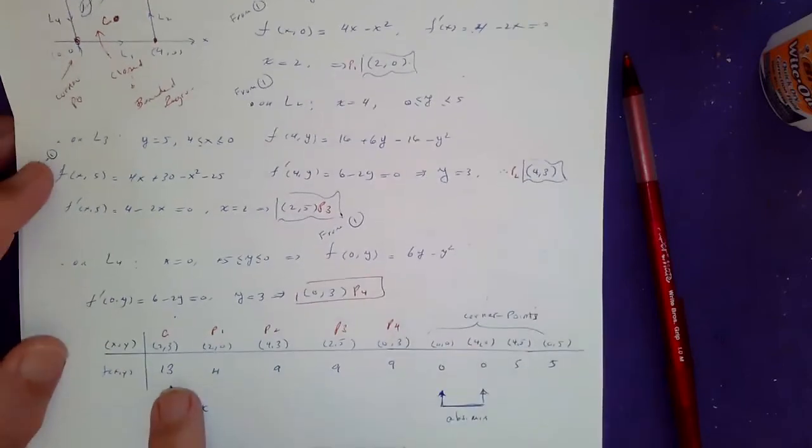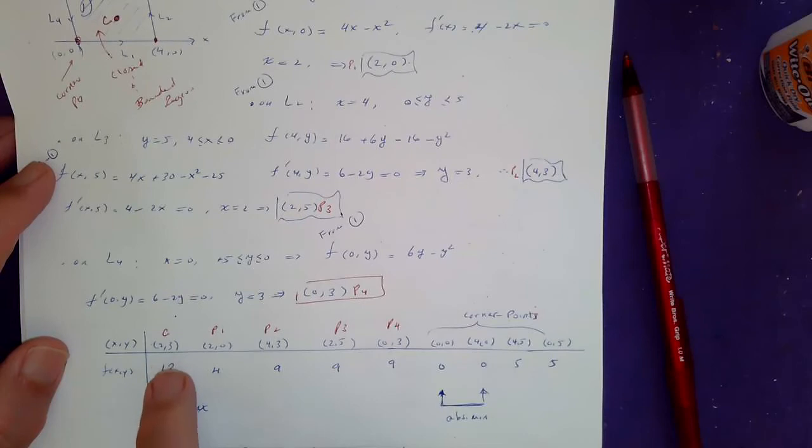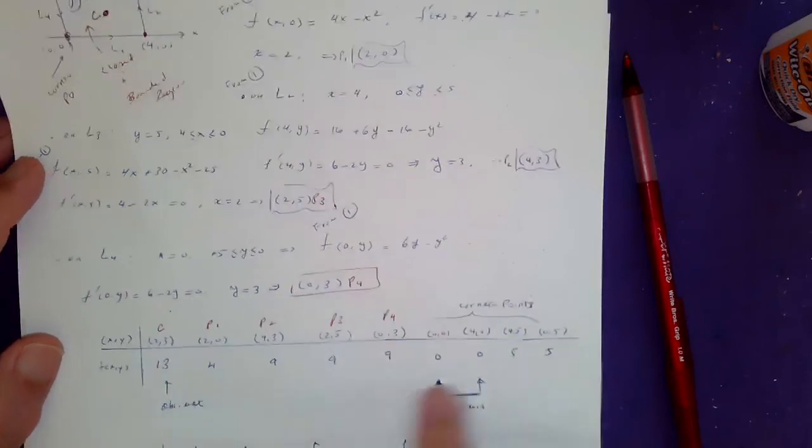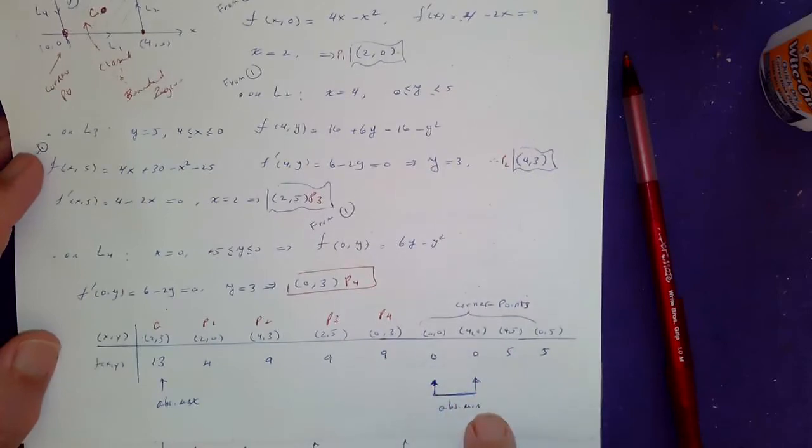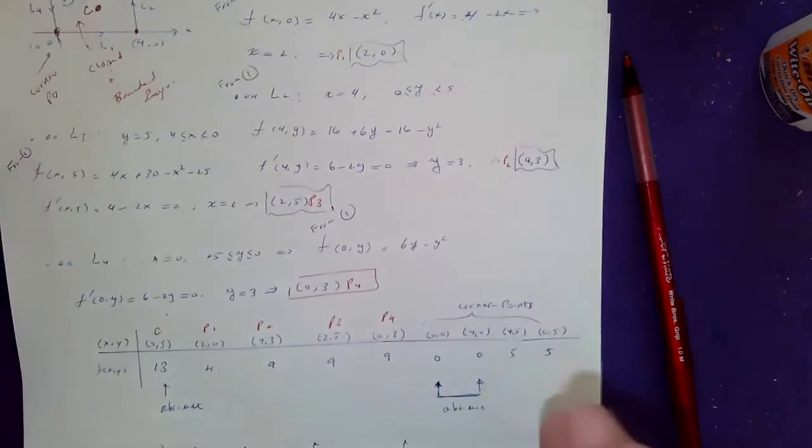So it looks like this is the highest. So therefore the function has an absolute maximum at (2, 3), which is the critical value. And it has absolute minimum, which happens to be at (0, 0) and at (4, 0).